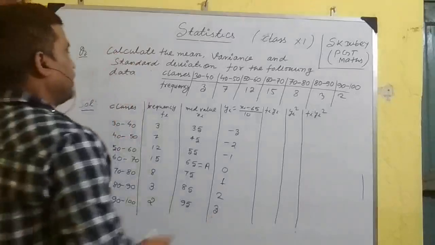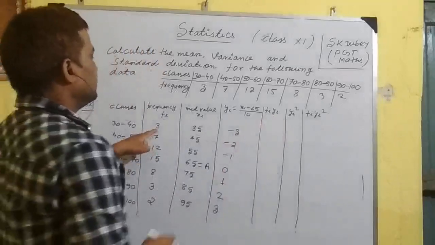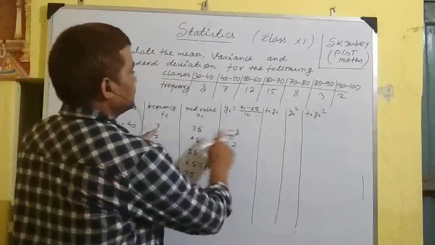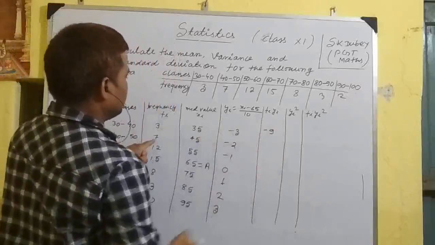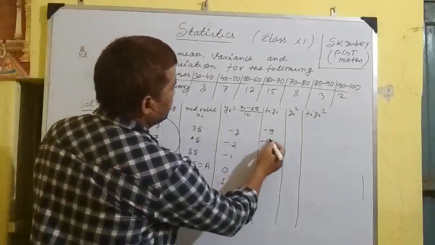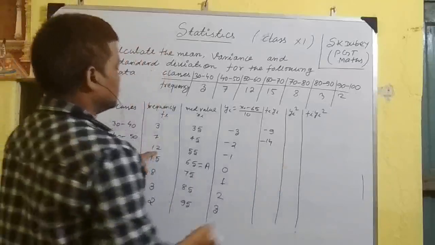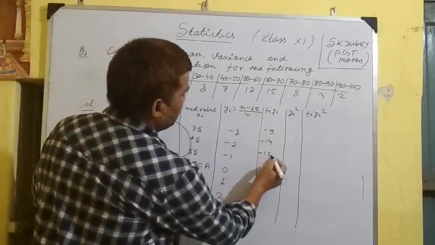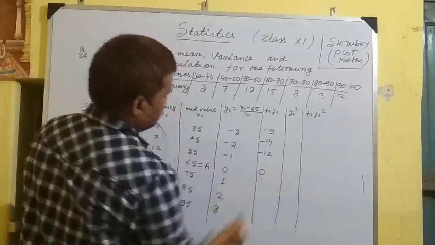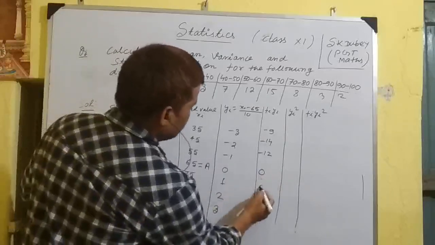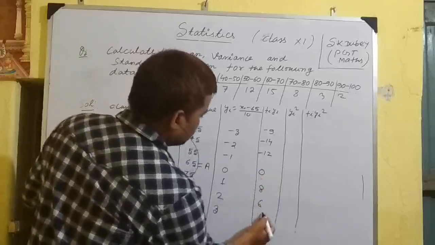Now fi yi. fi is 3, yi is minus 3, this is minus 9, 7 times minus 2 is minus 14, this is minus 12, this is 0, and this is 8, 3 times 2 is 6.